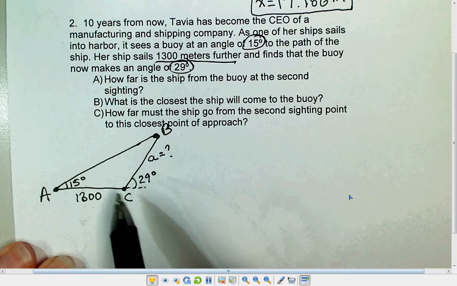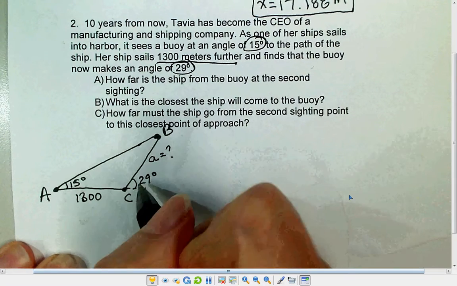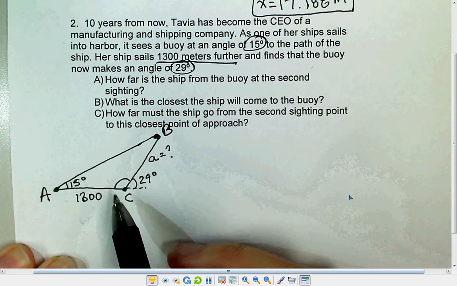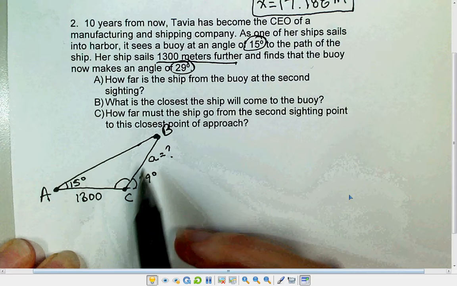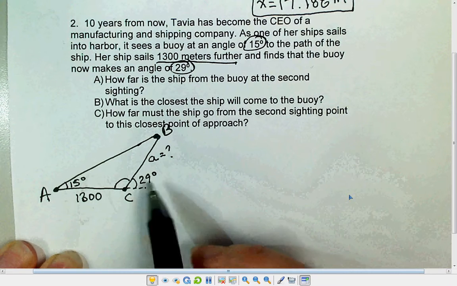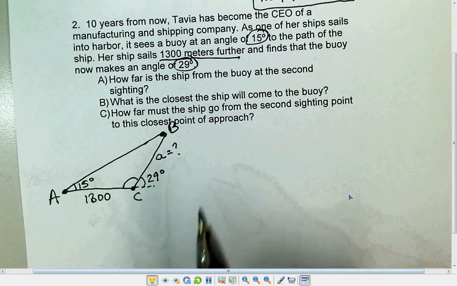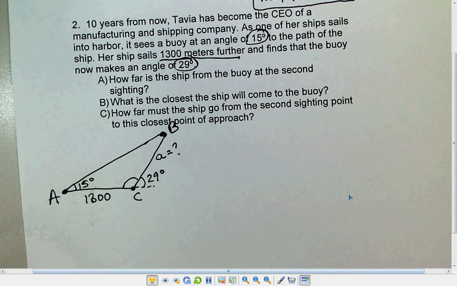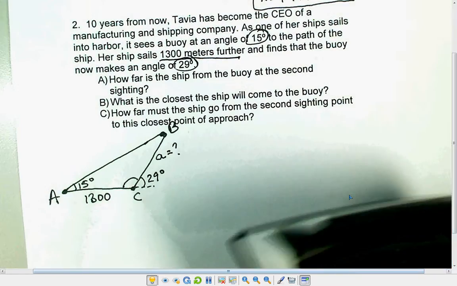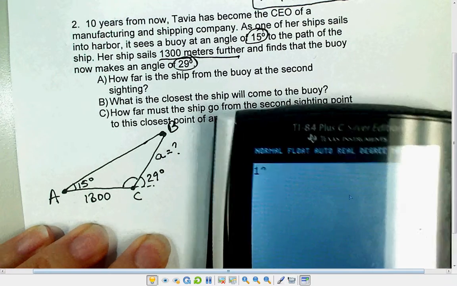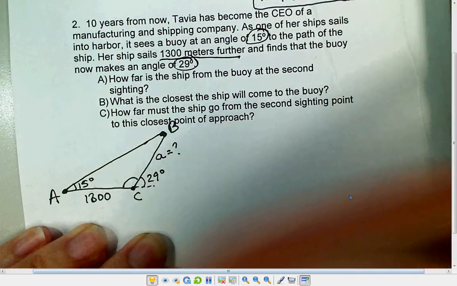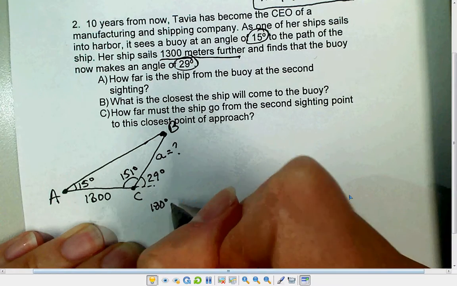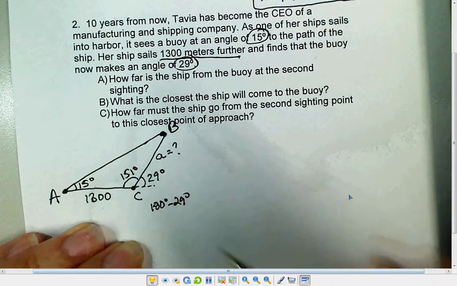So we know that this 29 degrees is outside of the triangle, but because of this 29 degrees, we can find this angle C, because right now this is a straight line. A straight line is 180 degrees, so I can just do a 180 minus 29 to get to angle C. So angle C is 151 degrees. So whenever it's a straight line, I can do 180 minus 29 degrees.